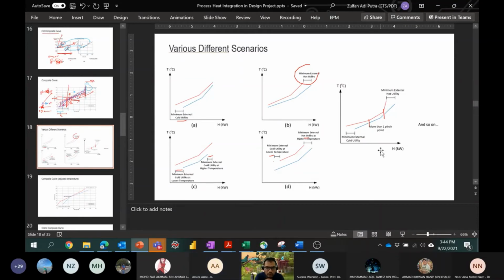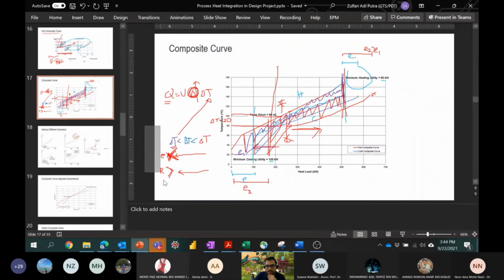So we can see the impact of our delta T selection on how much energy we can recover, and how much investment we have to account for. For example, in this case, we can see how much energy we can recover, and simultaneously we need to see how much investment we are talking about.